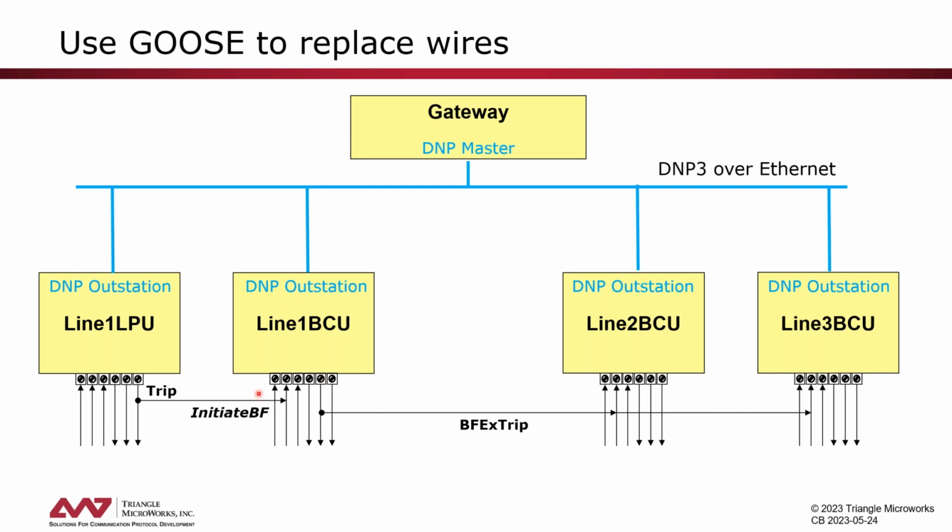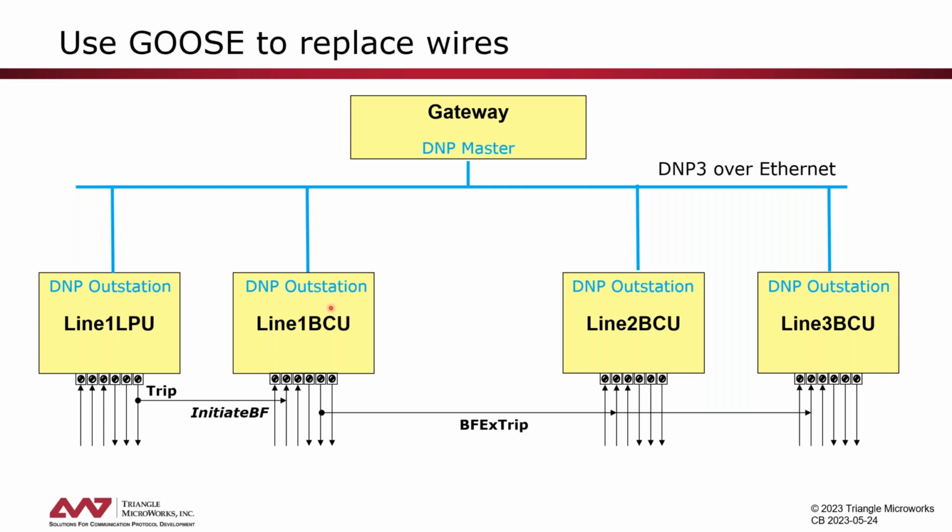So the use case where we have a protection device somewhere that initiates a trip, and in a conventional approach, you would have binary output, which has the trip signal that goes to trip the breaker, but this signal would also be routed maybe on the binary input of a device that implements the breaker failure function.